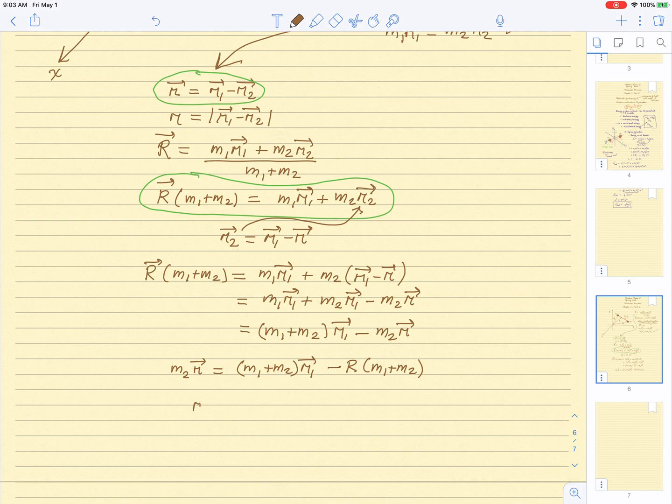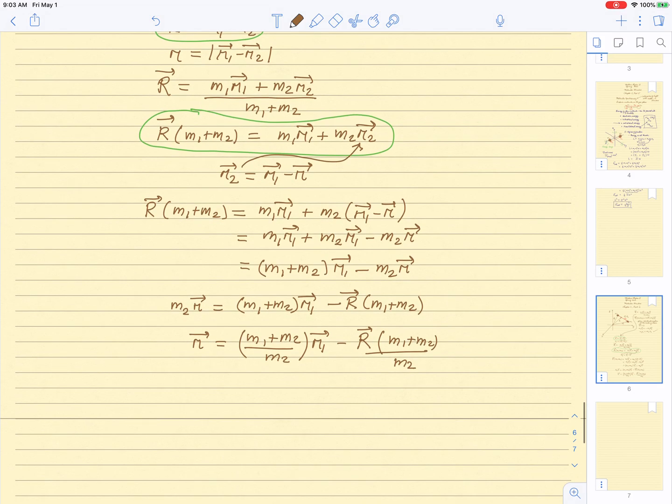So then R is going to be M1 plus M2 over M2 times R1 minus R times M1 plus M2 over M2.